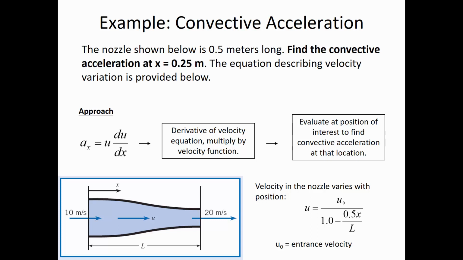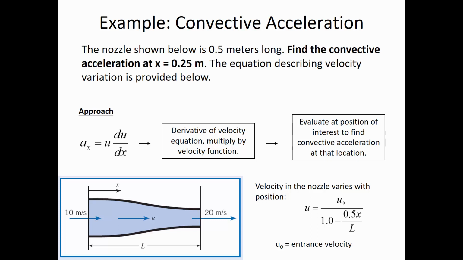And if we take the derivative of this function with respect to x, what we end up with is just negative 0.5 divided by L. So that's the result. And then remember our definition of what m was.